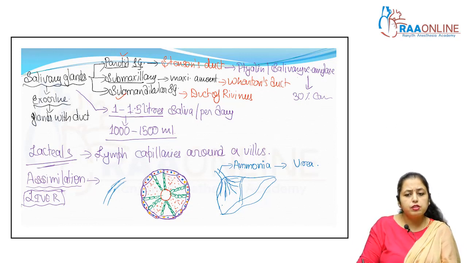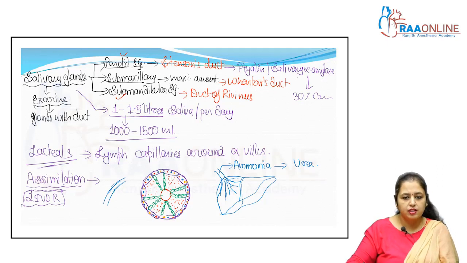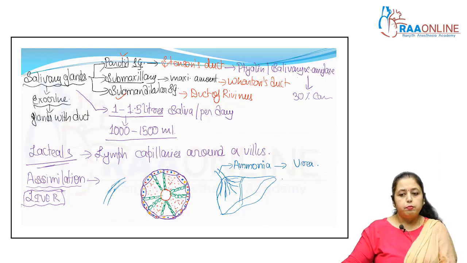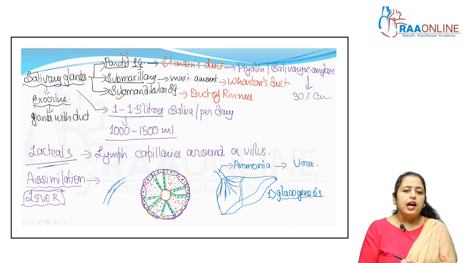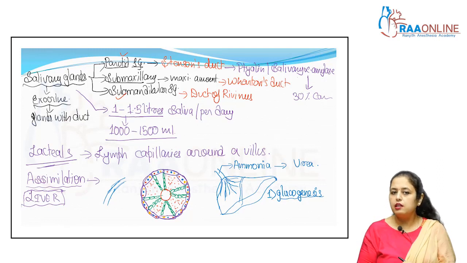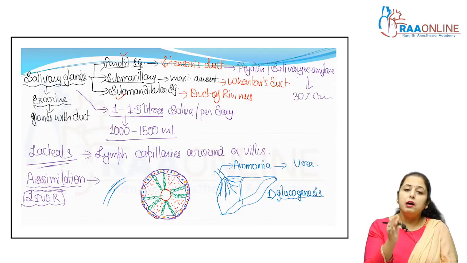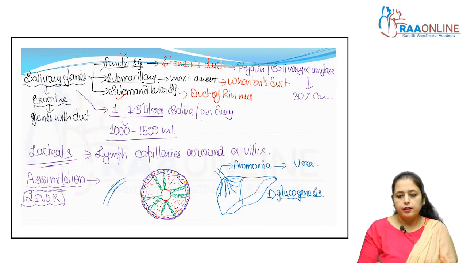So after the detoxification and absorption of all these things, there is the carbohydrate metabolism which occurs there, right. The first one is glucogenesis, in which excessive glucose is converted into glycogen and stored in the liver and the muscles, and that conversion is done by the insulin hormone, which is secreted by the beta cells of the pancreas, right.